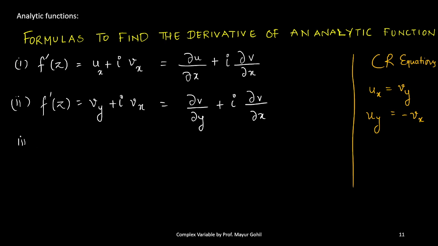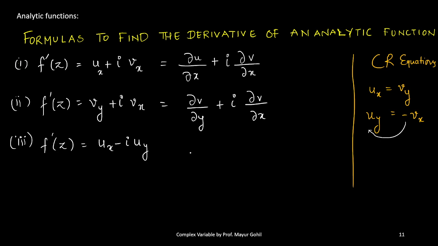Now the third formula that we go for is f dash of z. We already have the formula ux plus i vx, right? Now vx is nothing but, if we shift this minus sign to the other side, minus of uy, so it becomes ux minus i times uy.